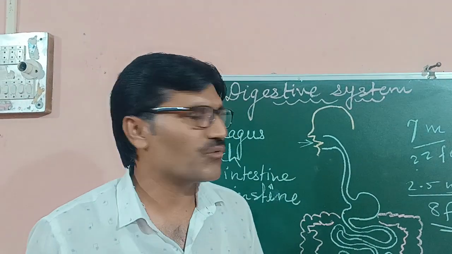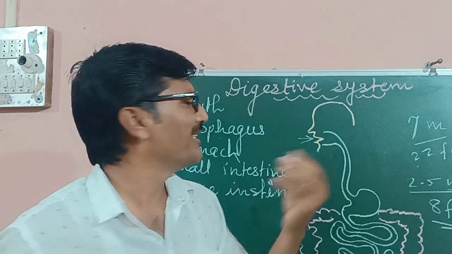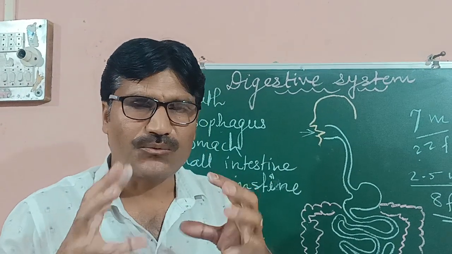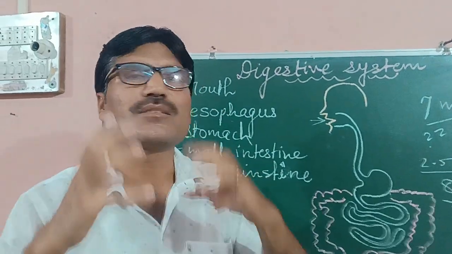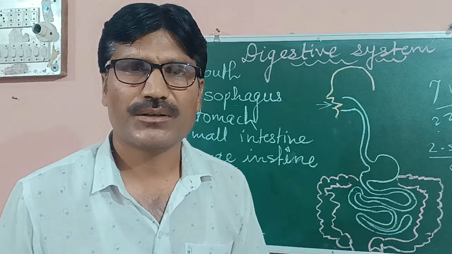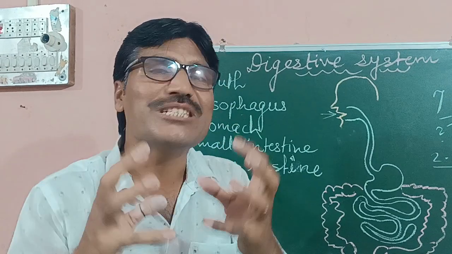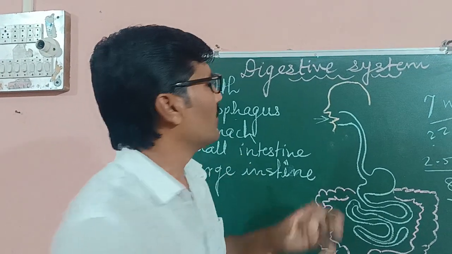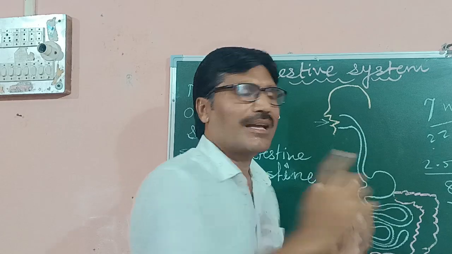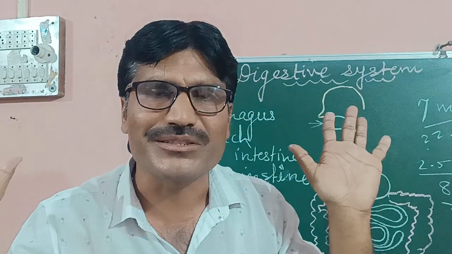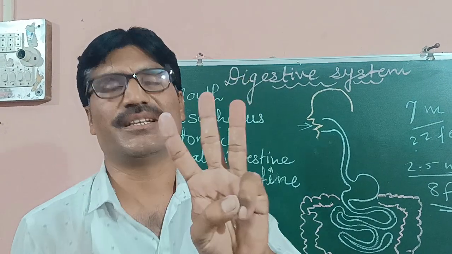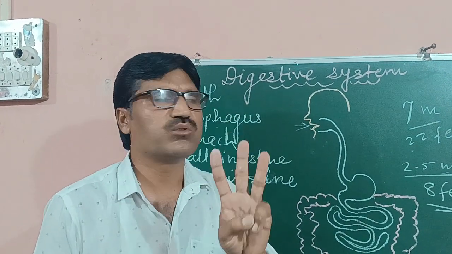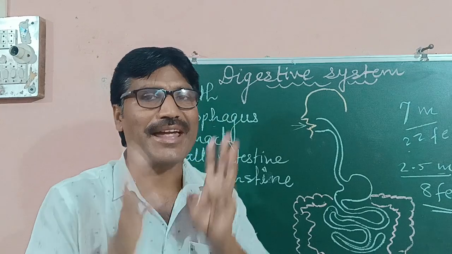So what happens when we take the food into our mouth? Our teeth start biting it. When the food is properly bitten by the teeth, the glands alongside both our jaws, there are three pairs of glands.